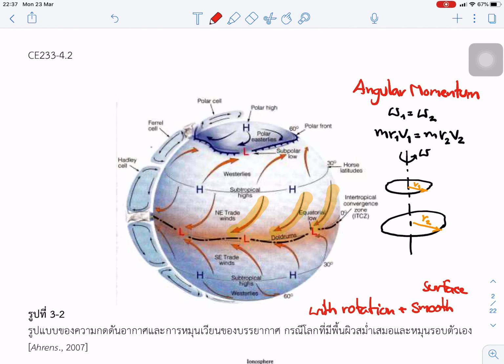Because the Earth is moving from west to east, it brings the mass of air moving with the Earth.